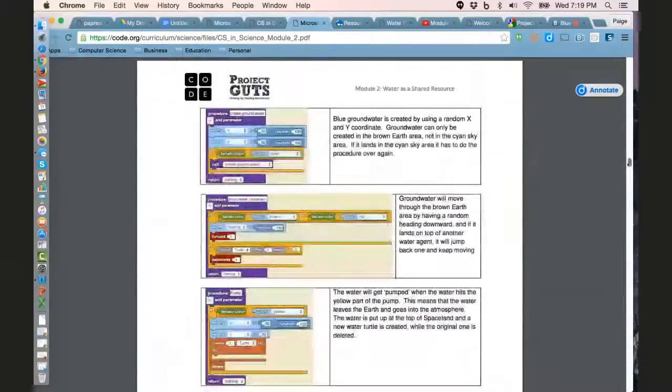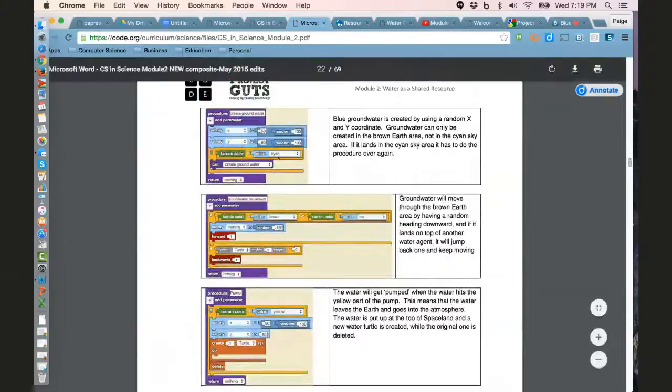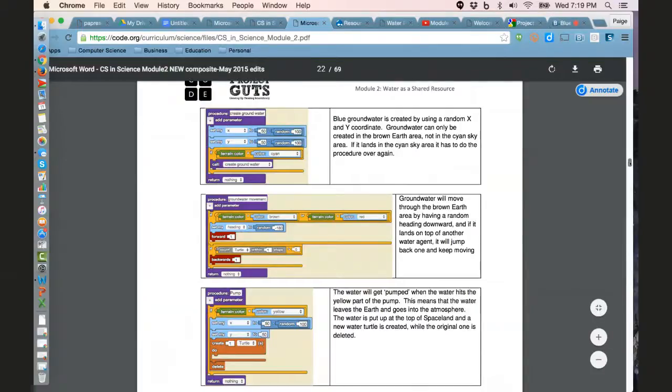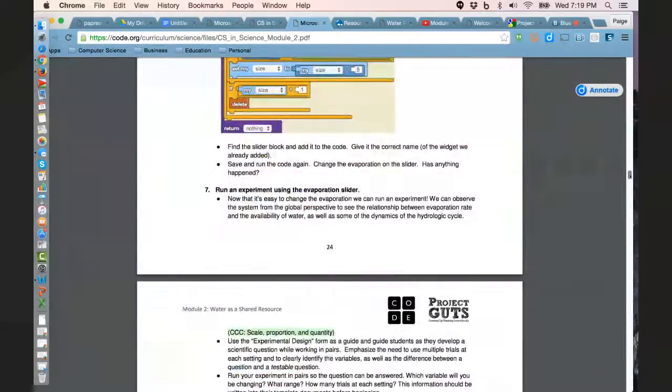So that's the decoding, and essentially you could assign each of these to pairs of students to explain verbally to each other. This is the teacher cheat sheet here with the information.